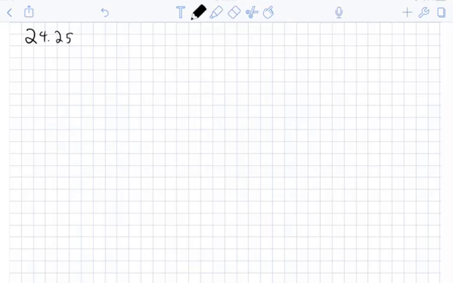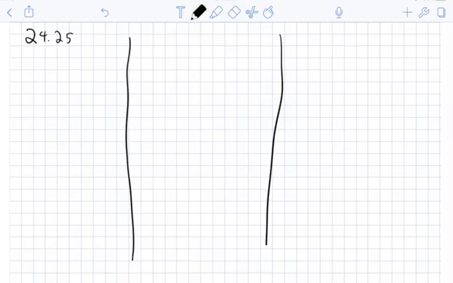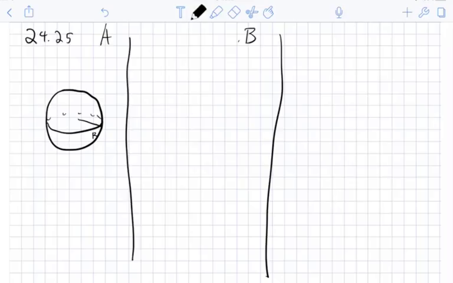Next one is a word problem about closed surfaces and flux. Okay, so closed surface A is a sphere of radius r. Closed surface B, so that's A. B is radius 2r.